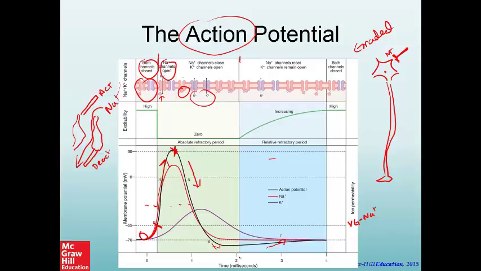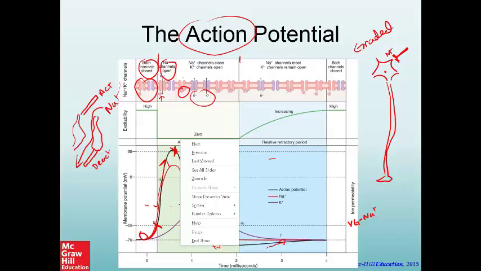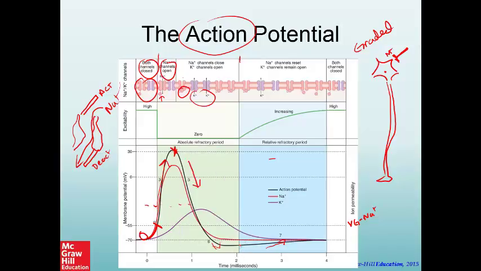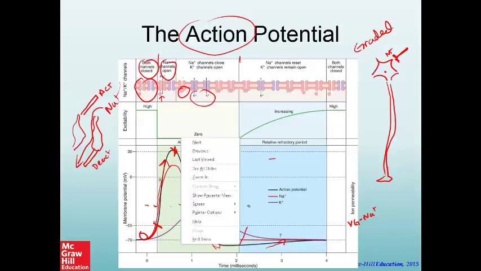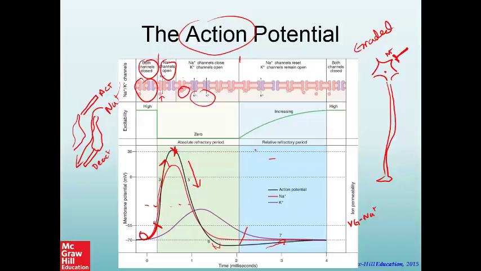Now, once the channel is back to the activation gate being closed and the deactivation gate being open, it can generate another action potential. So at this point, if there was another depolarizing stimulus which got to threshold, then you could get an action potential.